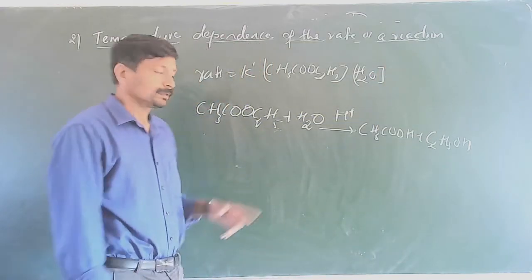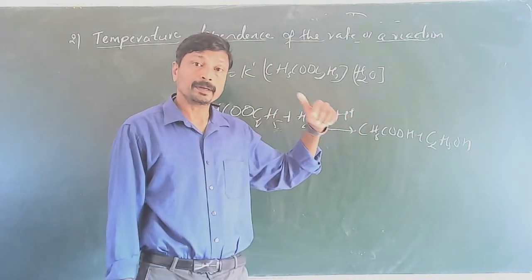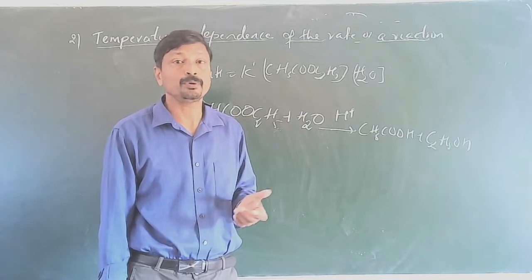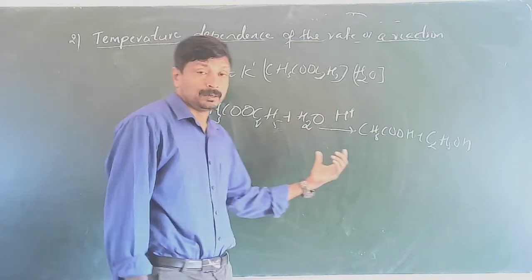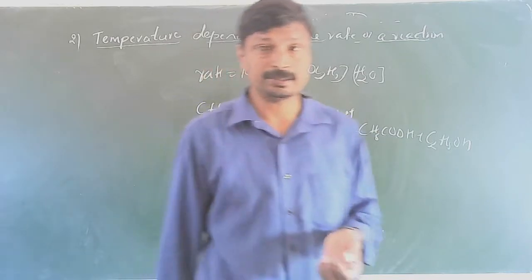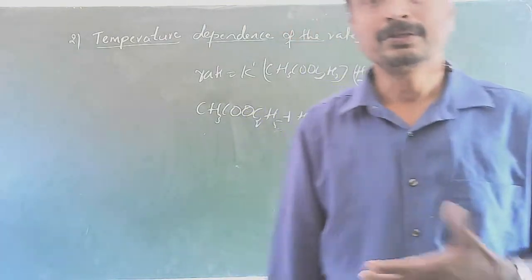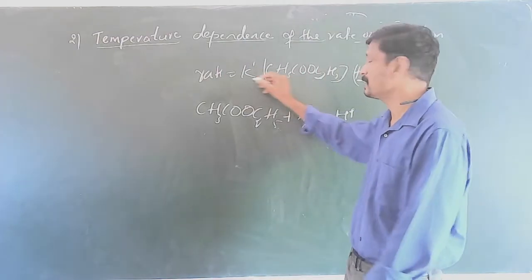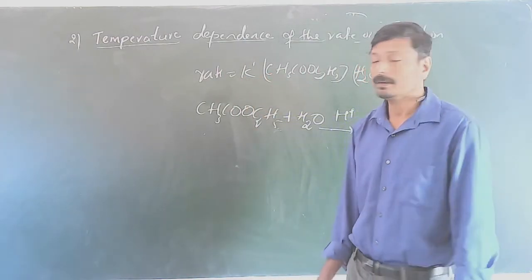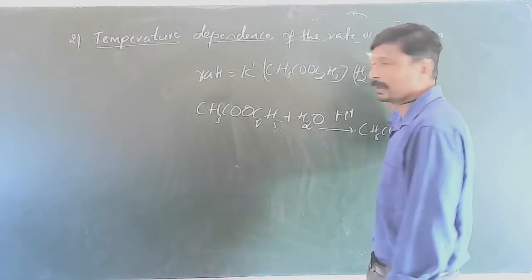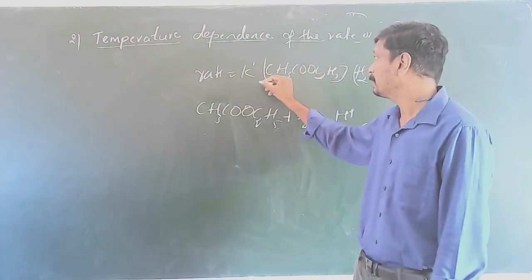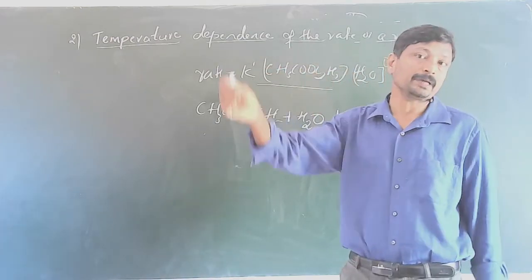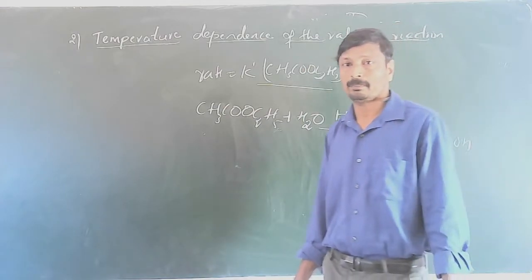So, still it's a second order. You are converting it into a first order. How? By taking water in a large excess. Then change in molar concentration of the water does not make any change in the rate of the reaction. Therefore, the order with respect to water becomes 0. Now it's a first order reaction. The second order reaction is converted into a first order reaction.